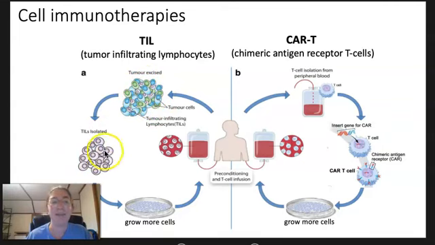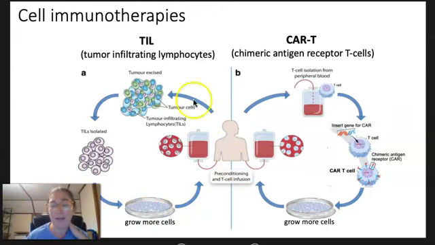And then in the lab, they would screen those white blood cells and test them to see which ones are the best at recognizing and killing tumor cells. And then they would select those and grow up a lot more of them and then transfuse them back into the patient. So basically, you're taking white blood cells from the patient, specifically white blood cells that are really good at killing the tumor, and you're expanding them. You're growing up more of them in order to feed them back into the patient.